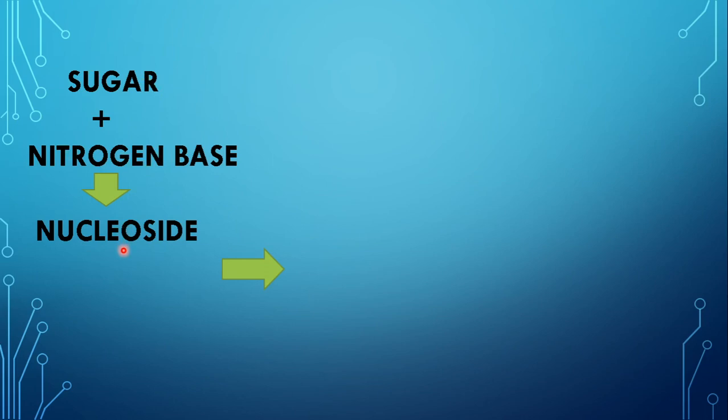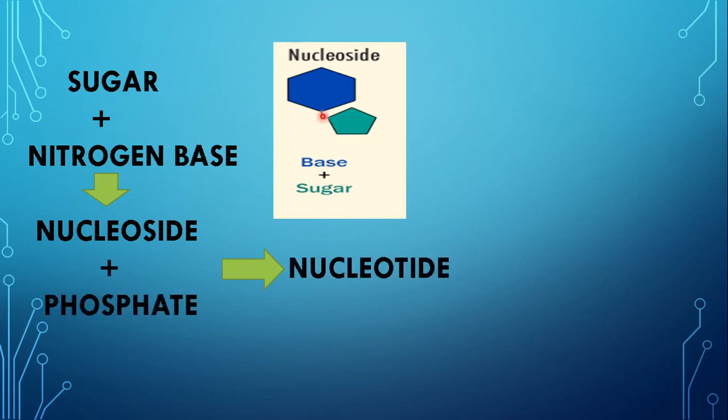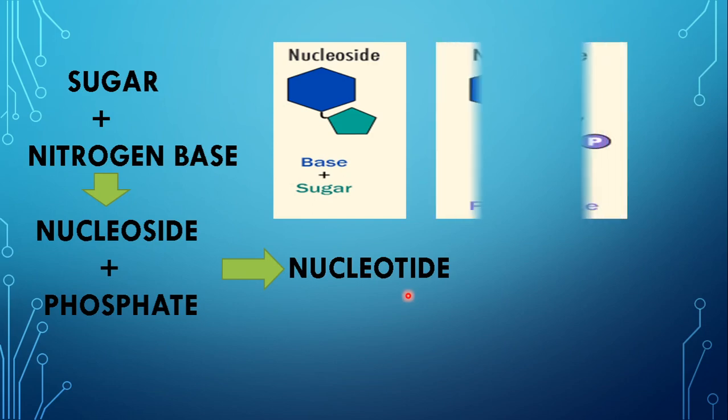Nucleoside then, at the 5th position of carbon, because here the carbon has only the base at the first position, then the 5th position is free. Here you can see, nucleoside is base plus sugar, then it will get attached with a phosphate at the 5th position to form a nucleotide.